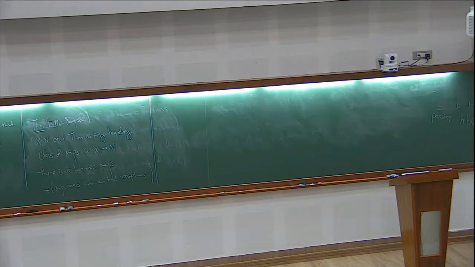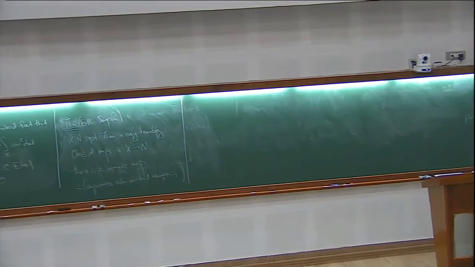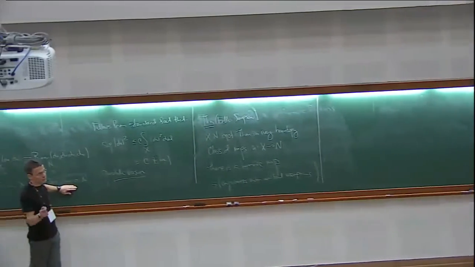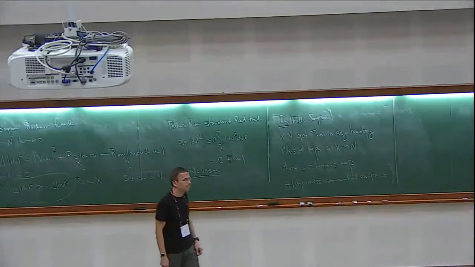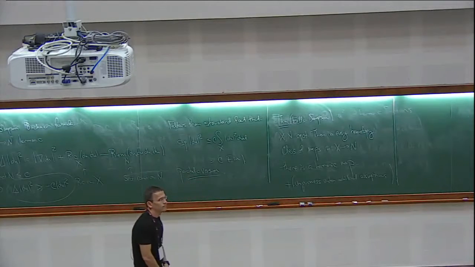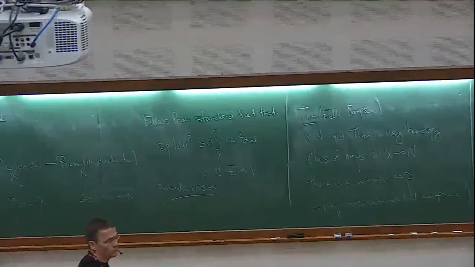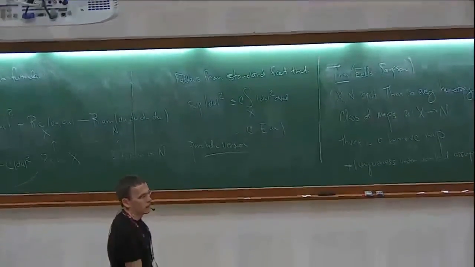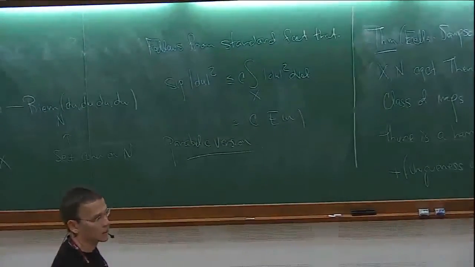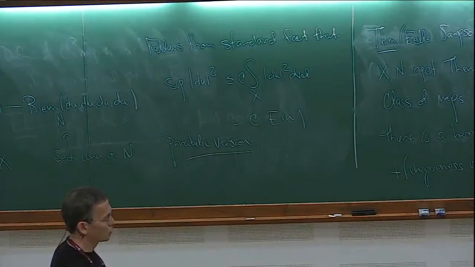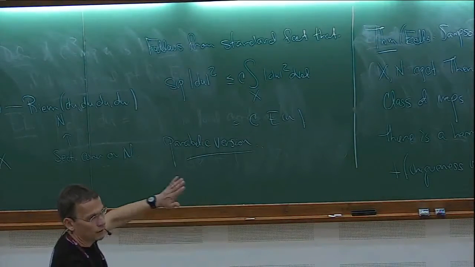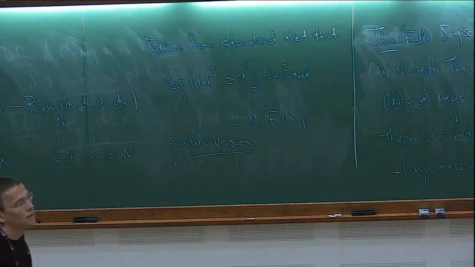The statement is that either the map is unique or it maps onto a geodesic, and points are considered geodesics. If it maps onto a geodesic, it's not going to be unique because you can move it around on the geodesic. And that's the only thing that can happen in strictly negative curvature. More generally, if you have flats, then you can translate along the flats, that sort of thing.